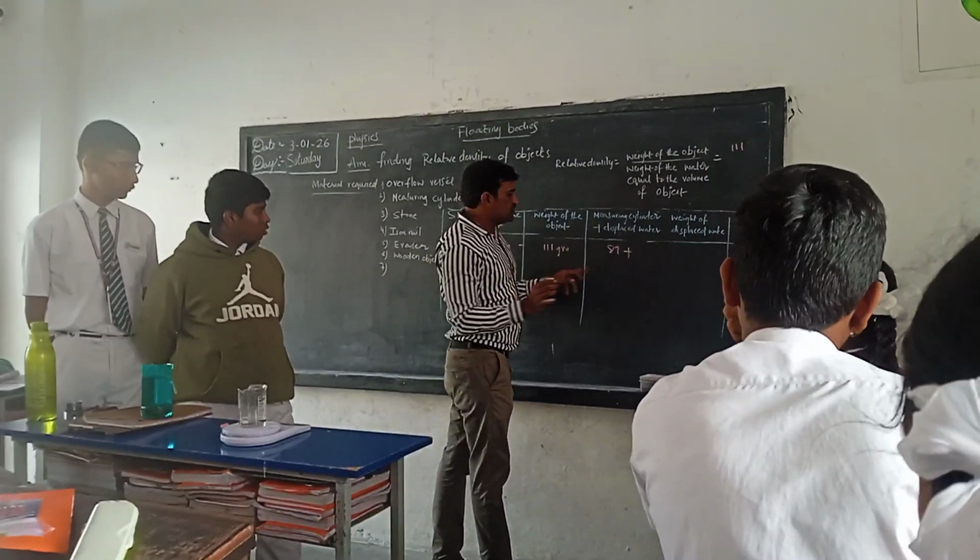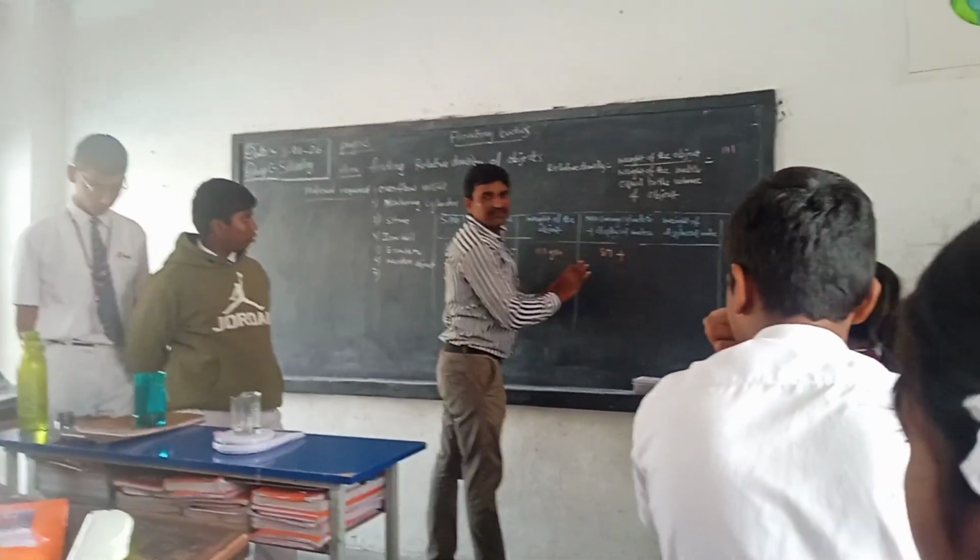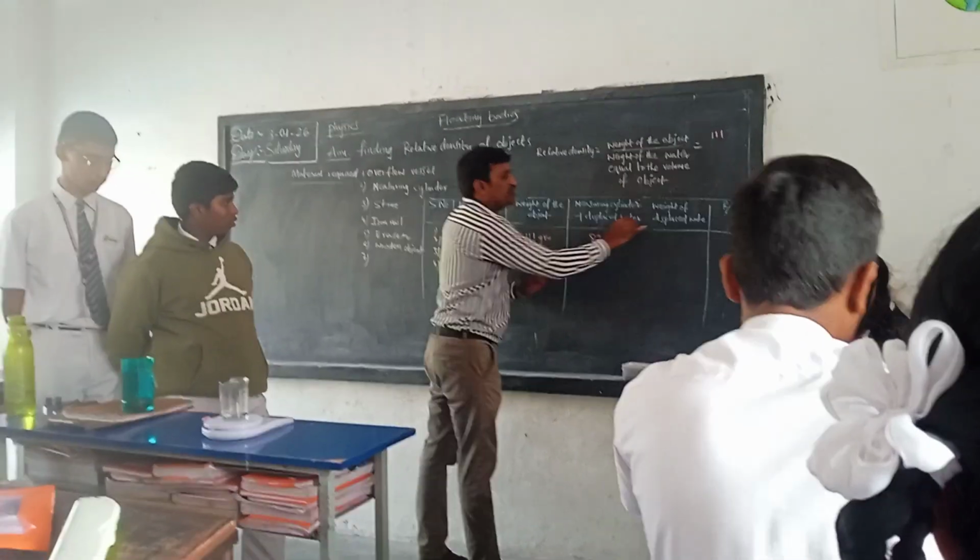So 134 means there is actually 134 minus 87. That is the weight of the displaced water.